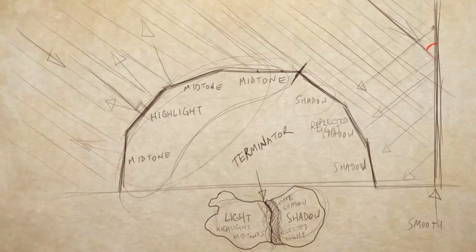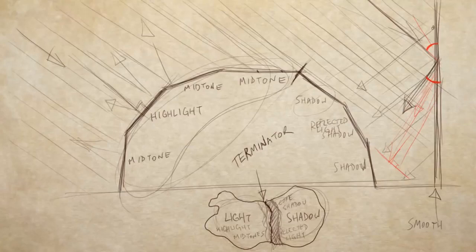And the angle at which the light bounces off is going to be the same on either side. So you have an angle formed where it hits and it also bounces off. So that's going to be the angle that if there's a surface parallel to that, that's the one that will receive the most light.